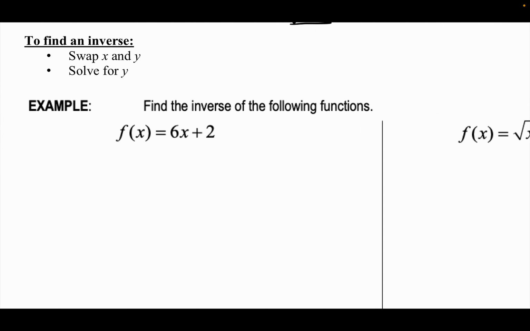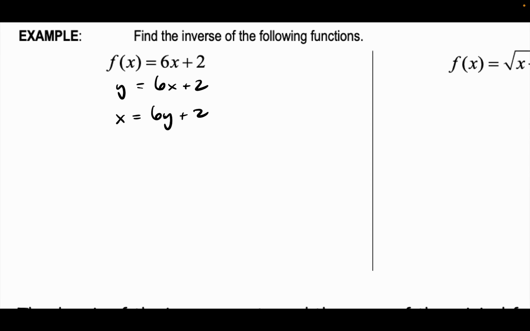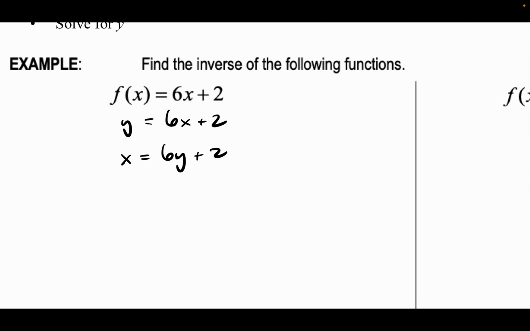So if we want to find an inverse, the first thing we're going to do is swap x and y. So f of x is really just y. So the first thing you do to find an inverse is switch x and y. So x goes over here, y goes over here. And then you solve for y.